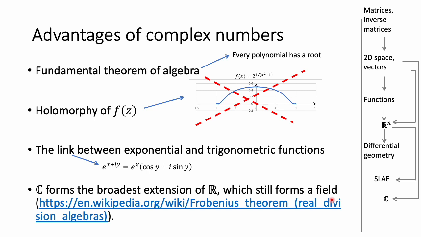Then at some point you will not be able to compute multiplication, so the result of multiplication will depend on the order of the factors, or something else will break. In order to study deeper, I refer you to this Wikipedia article. It's called Frobenius theorem. It is discussed there.